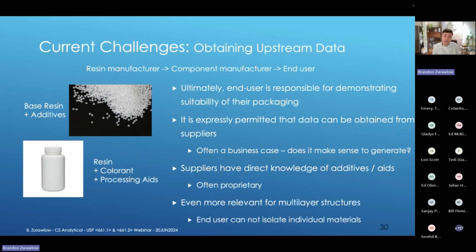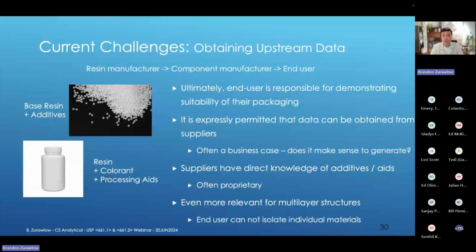However, it's expressly permitted in the chapters that the data could be obtained from realistically anywhere, which means from suppliers. So if you have, let's say, a resin manufacturer who also is generating 661.1 data on that resin, it is permissible under the USP framework to leverage that data on the base resin as part of your overall evaluation. But by no means is that resin manufacturer responsible or liable for generating that data.